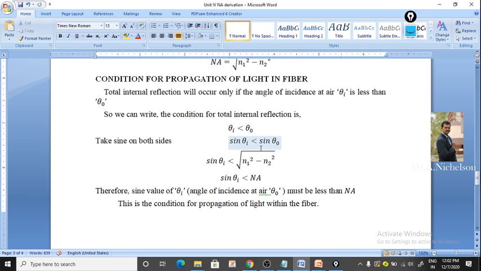Theta naught here is theta I max, the acceptance angle; it should be lesser for this to happen. Taking sine, sin theta I should be less than sin theta naught. So sin theta I should be less than the square root of n1 square minus n2 square, which is nothing but the numerical aperture value. These things you should know.